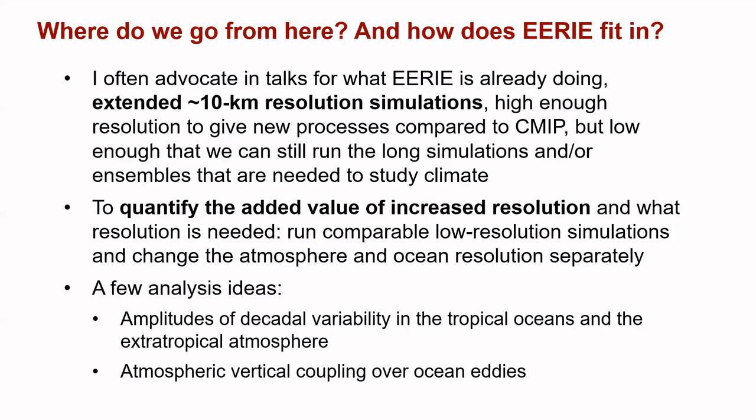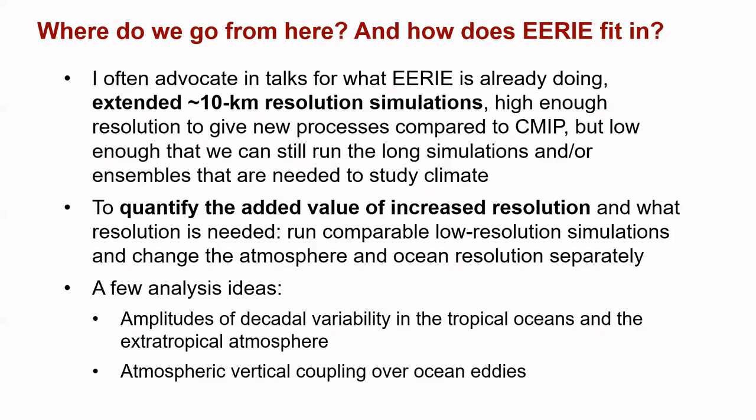I think what can be really valuable here is to quantify the added value of increased resolution by changing the atmosphere and ocean resolution separately and comparing across a range of resolutions, to understand where the optimums are in terms of how we can set resolution to simulate climate variability and change in a good way and improve climate projections, then also hopefully feed this information back into CMIP or run some of these models for CMIP.